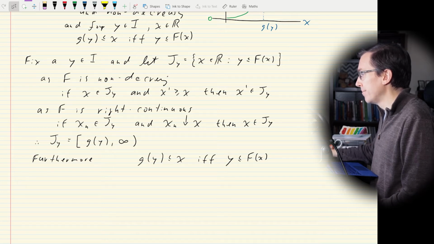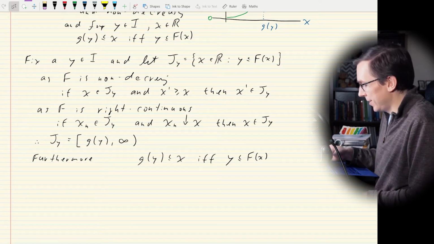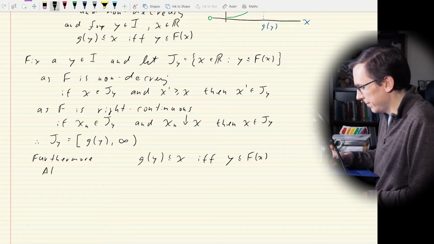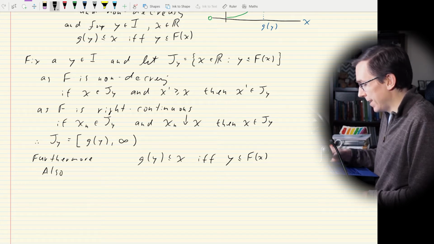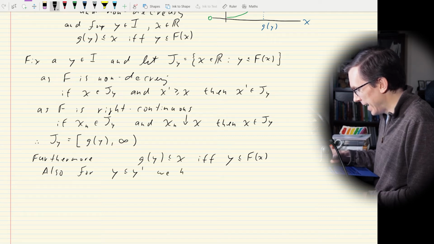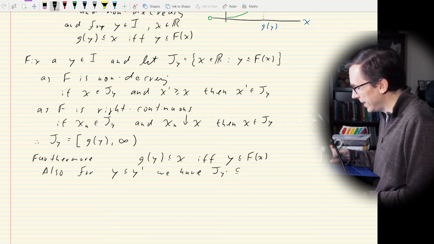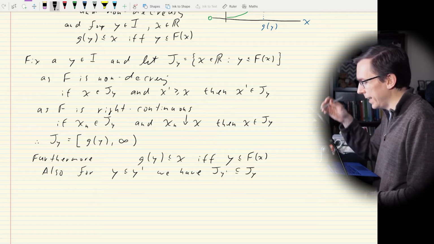Now, yeah, so we have that that's true. And then also, we have that for y less than or equal to y prime, we have jy prime, make sure I get the inclusion right, is contained in jy.